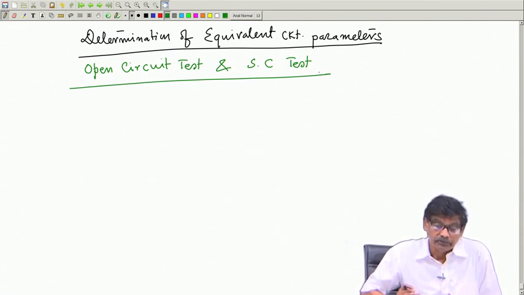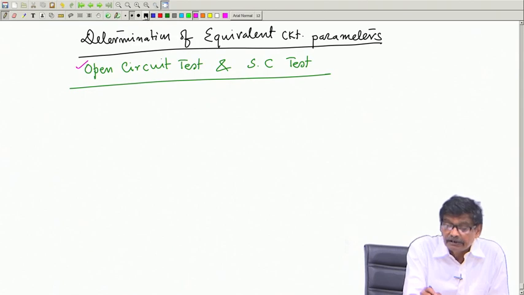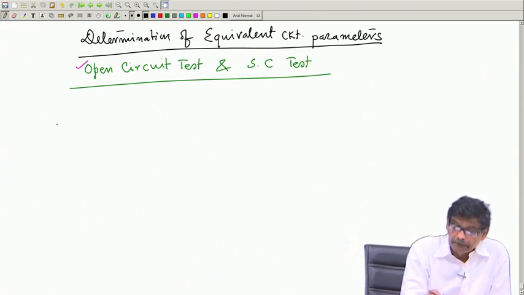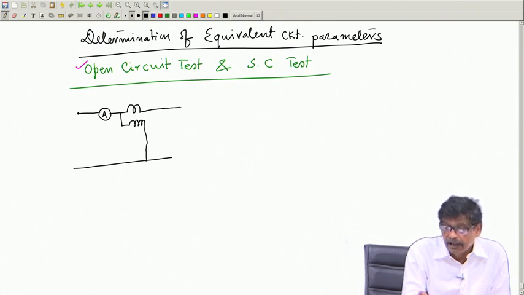How do I do the test? First, we will take up the open circuit test, what it is all about. You take the transformer and connect an ammeter and a wattmeter.